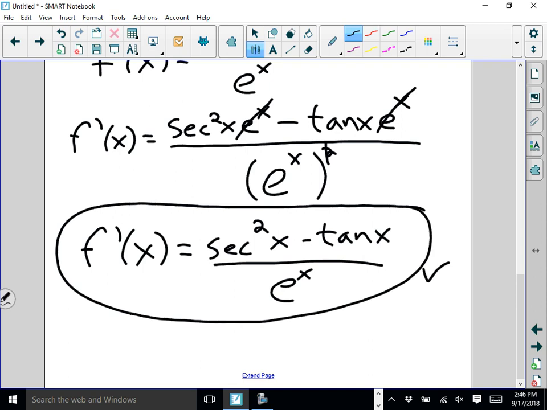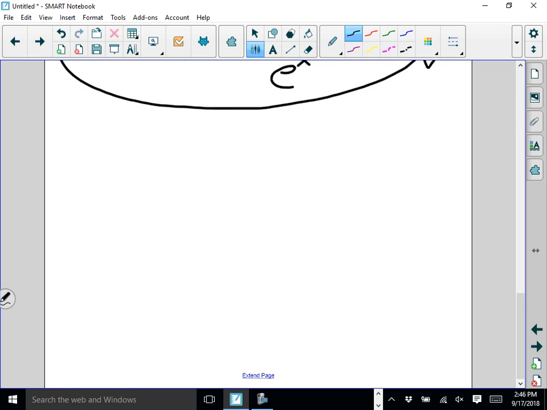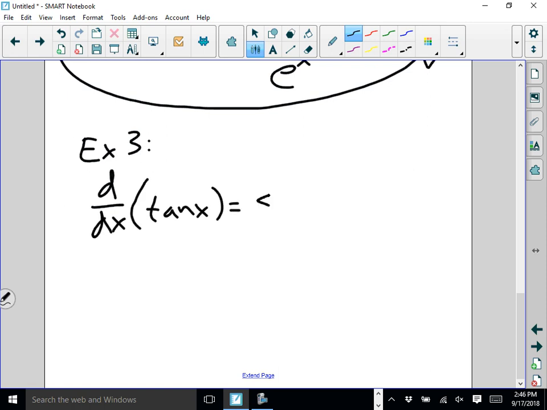I want to look at the derivative of tangent, just to see if the quotient rule works with what we already know. So this will be our last example. We know that the derivative of tangent of x is equal to secant squared.